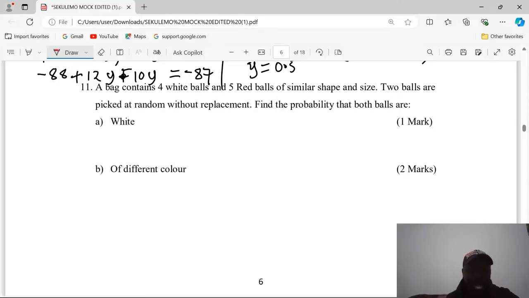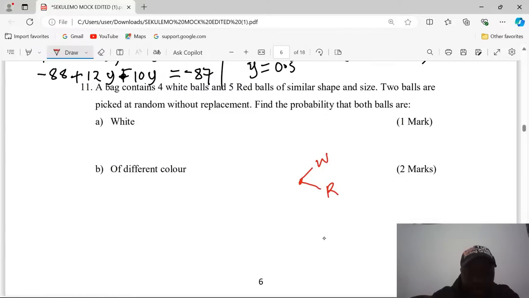11. A bag contains. So I had said in this question, some are too simple that you can just proceed. But in most of the cases, it's good for a student to be guided by what we call a probability tree diagram. For instance, we are picking twice, and we are starting with either a white or a red ball.